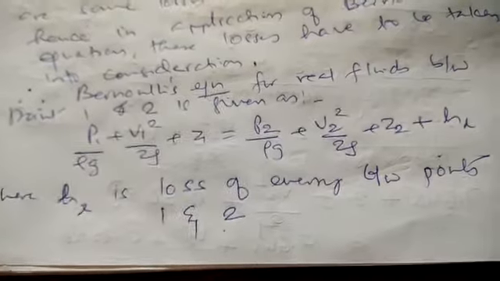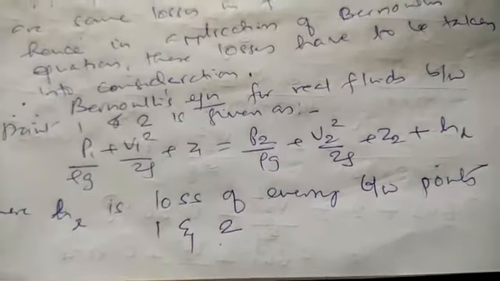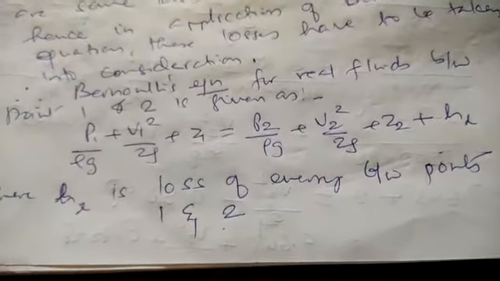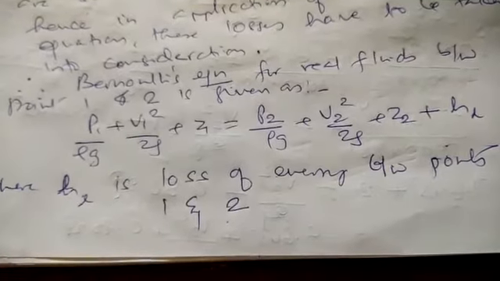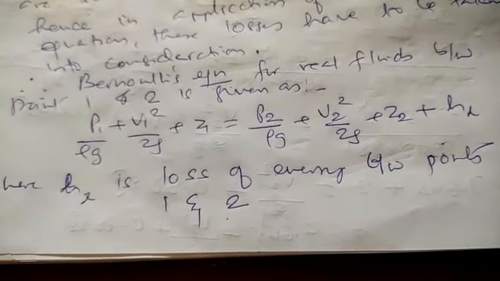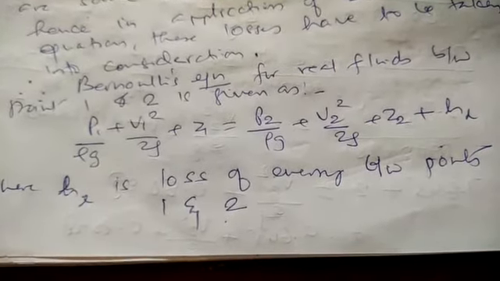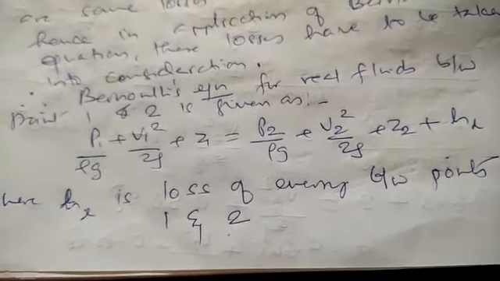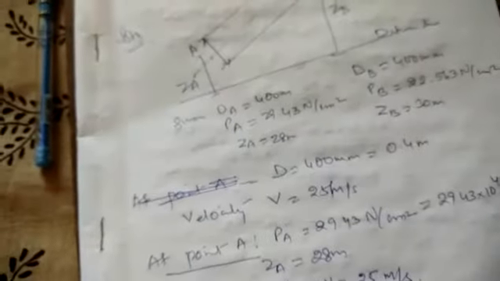This is Bernoulli's equation for real fluid, wherein we consider the losses which are taking place during the fluid flow, considering the viscosity aspect of the fluid. Now let us solve a problem on this for a clear picture.